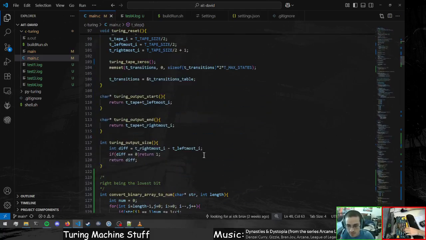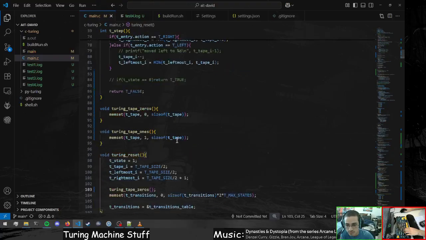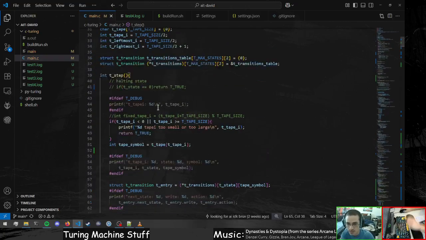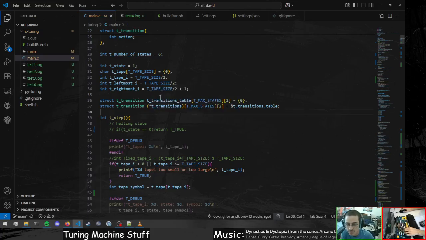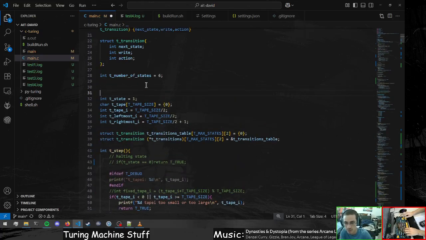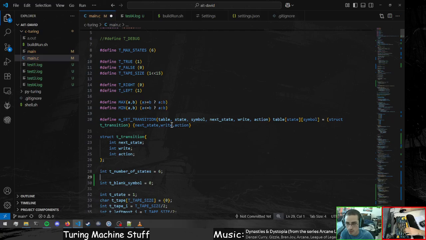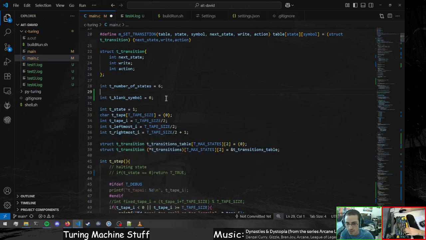Alright, let's try that out. Let's introduce another variable, the blank symbol. So the blank symbol will be 0 by default.